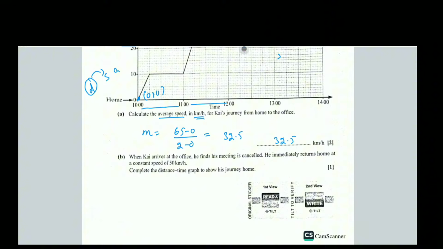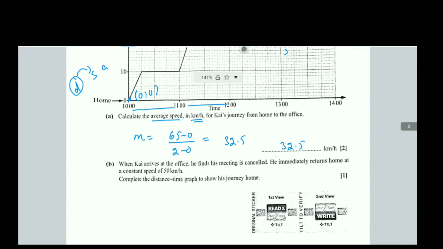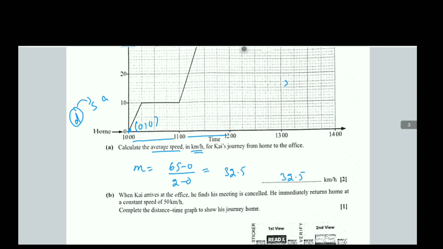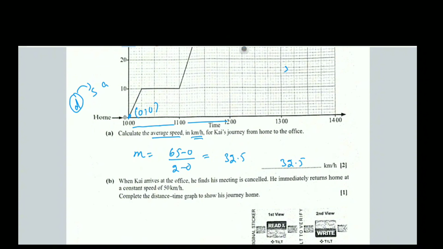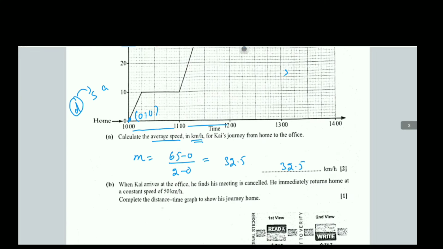When he arrives at office, he finds his meeting is cancelled. He immediately returns home at a constant speed of 50 km per hour. Complete the distance time graph to show his journey. So this is the graph of distance and time. So speed is given to you. Distance is 65. Total distance was 65, and we actually have to find time.